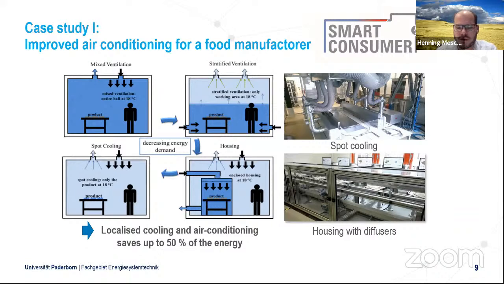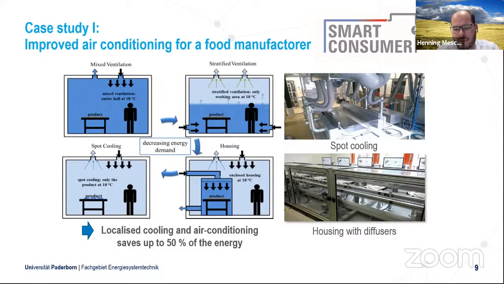And you see on the right what we have done. Encapsulation and housing. So we built something around the transportation belt, and now inside this housing we have the temperature of 18 degrees, and outside we can allow different temperatures, so higher or even colder.